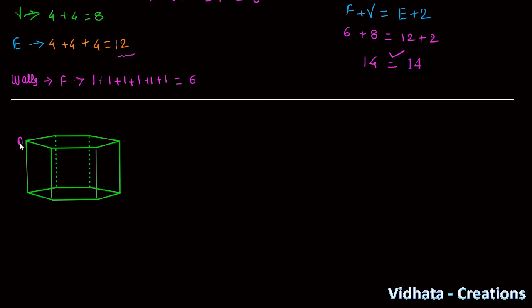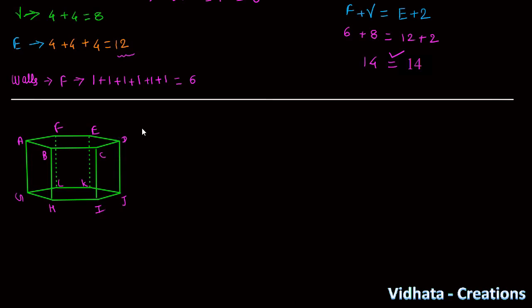To the corner, say A, let this point be B, C, D, E, F and G, H, I, J, K, L and so on.